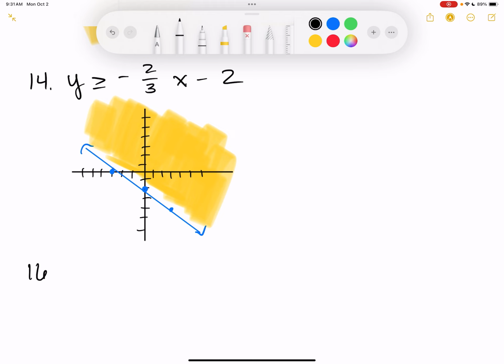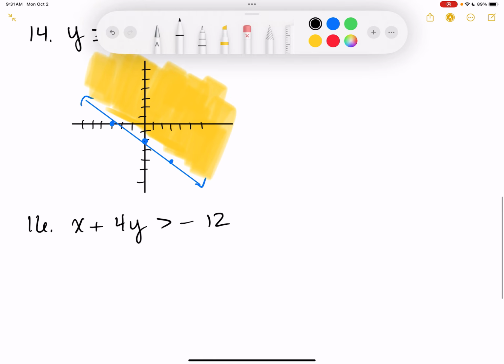Alright. 16. This will be our last one unless y'all feel like you need to see more. X plus 4y is greater than negative 12. So what do I need to do with this one? Move the x over. So 4y is greater than negative x minus 12. And what?